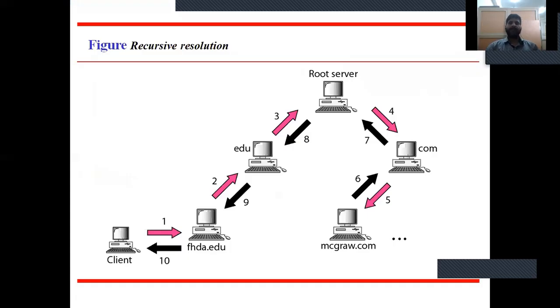So in recursive resolution, the root server resolves the request. In the recursive approach, the client first sends the request for fsda.edu, next it goes to edu, next to the root server, and the root server is connected to com and com is connected to mcgraw.com. Similarly, mcgraw gives the response to the commercial domain, and the commercial domain gives the response to the root server, and with the help of the root server the response goes to edu, and edu provides the response to fsda.edu, and fsda provides the response to the client.